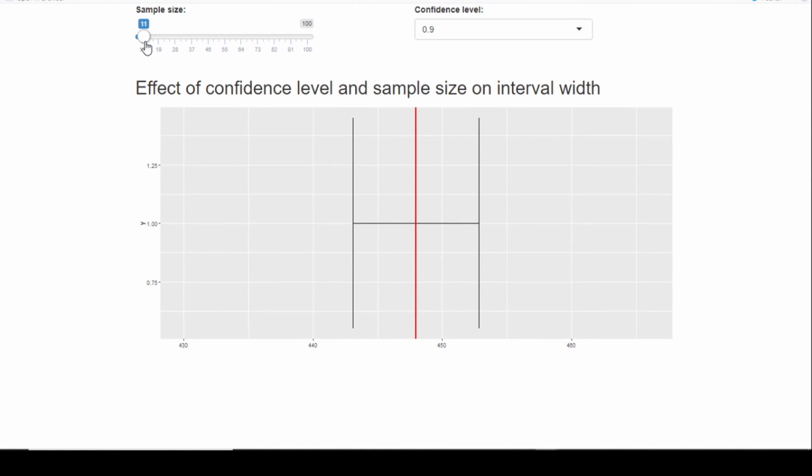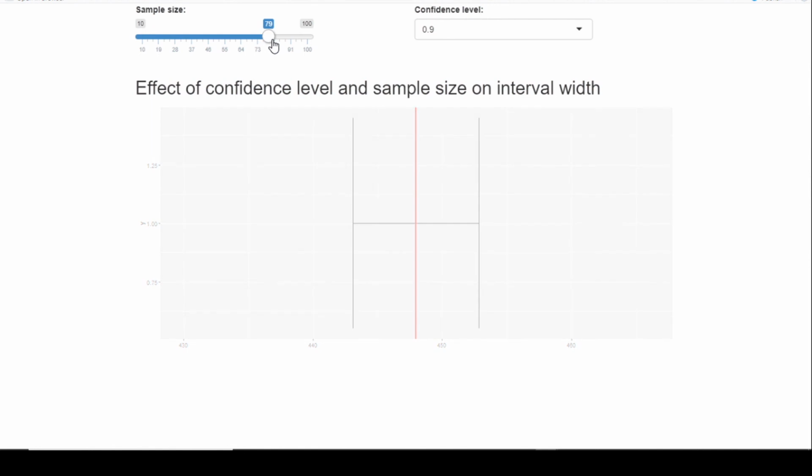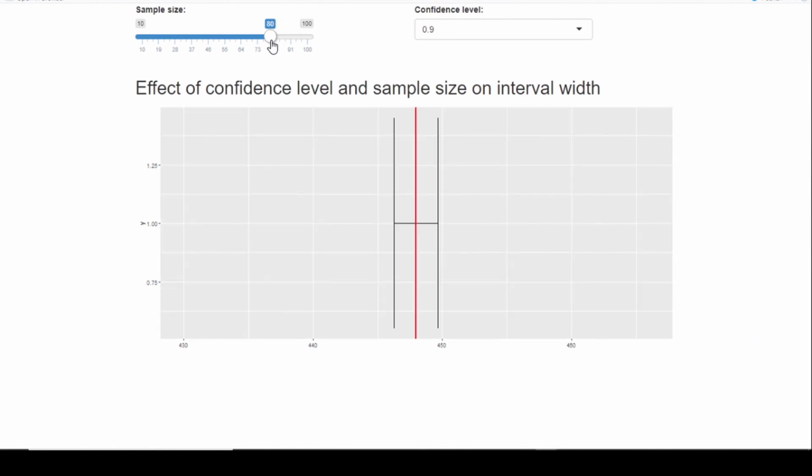Okay, and there you can see that the confidence interval has widened. So we have a wider confidence interval for a smaller sample size. Now we can increase our sample size. Okay, and as expected, when I increase my sample size, then the width of my confidence interval will decrease. Now the next thing is to look at the influence of the confidence level.